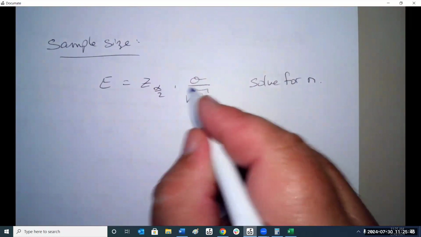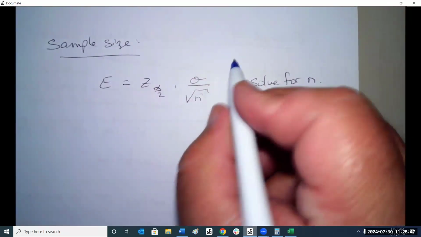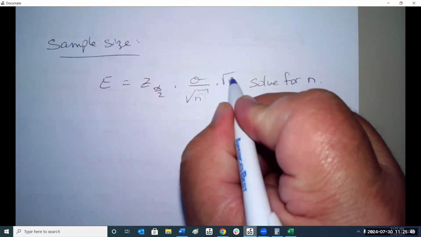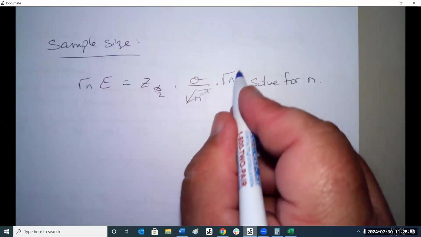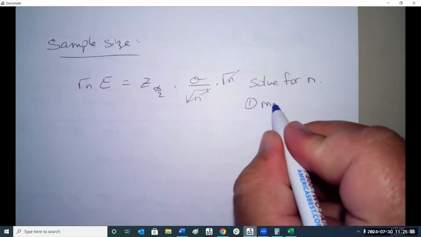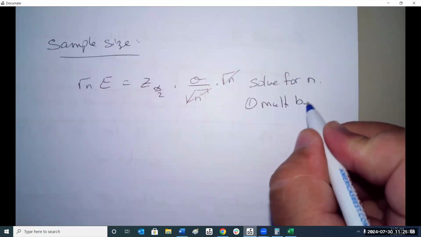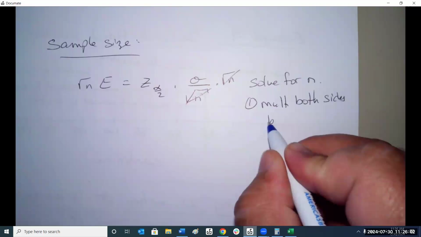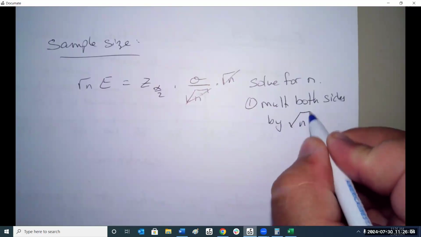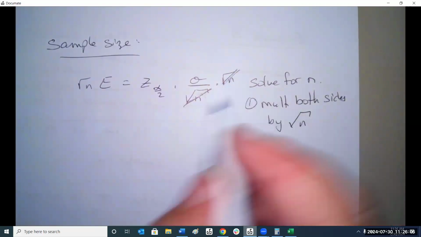Since this is rho over the square root of N, we multiply the square root of N to both sides. So these cancel.